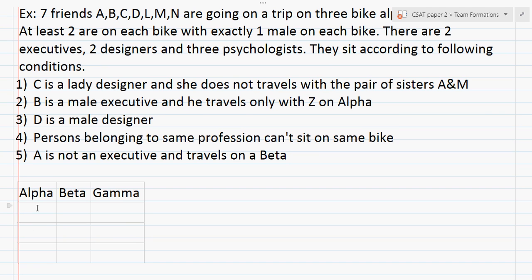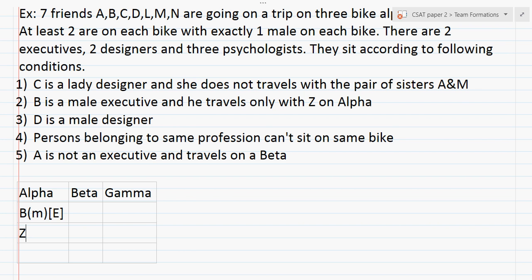The other most important statement is B is a male executive and he travels only with Z on alpha, right? So B, who is a male executive, we can put an M for male, and use this bracket for the profession. He is an executive, and he travels only with Z.